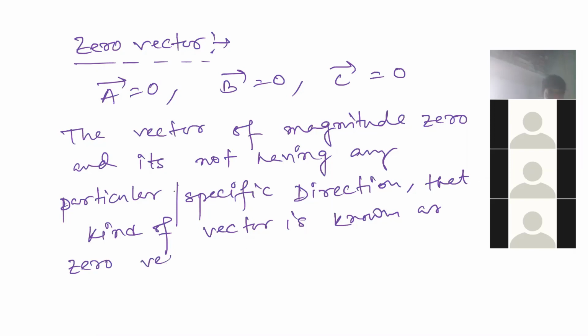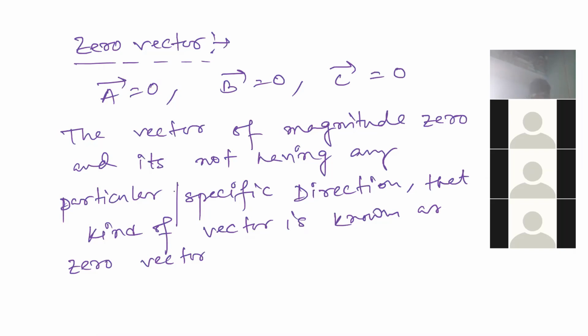So in this case, A vector, B vector, C vector, these three vectors are 0, right? They have a magnitude of 0 and they don't have any specific direction. That's why I am saying that these are zero vectors.